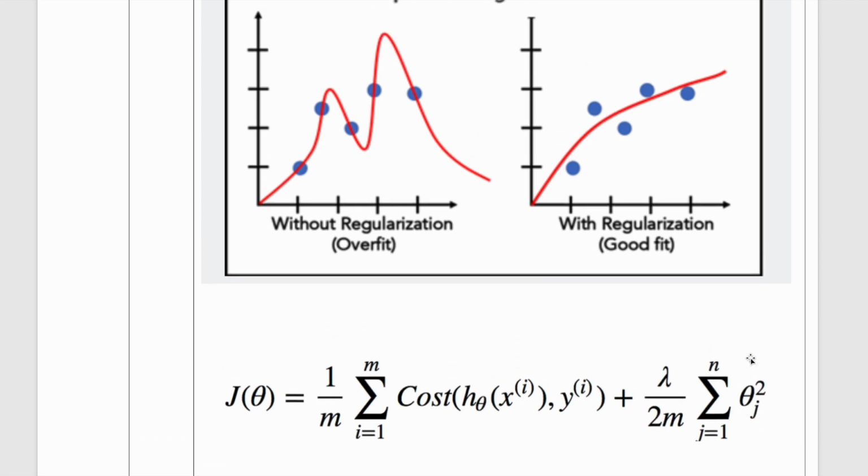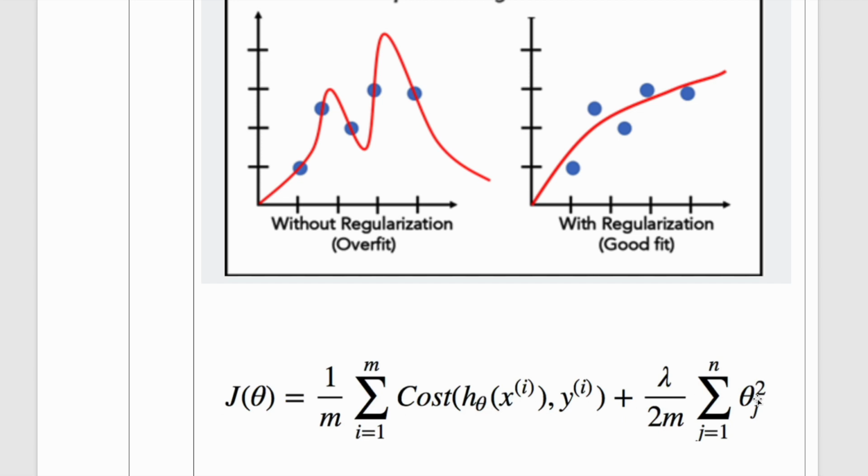Now, how is this helping? Suppose my initial model was this, right? When I add this particular penalty, its net effect will be that it should not have large theta j. There will be theta over here also in the cost function.